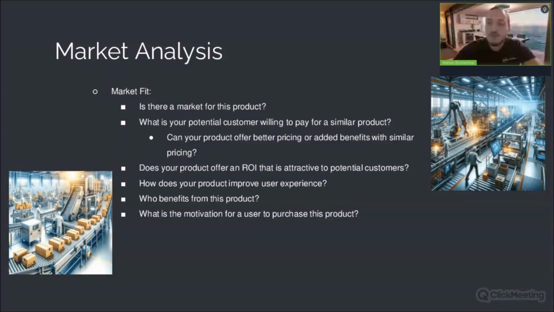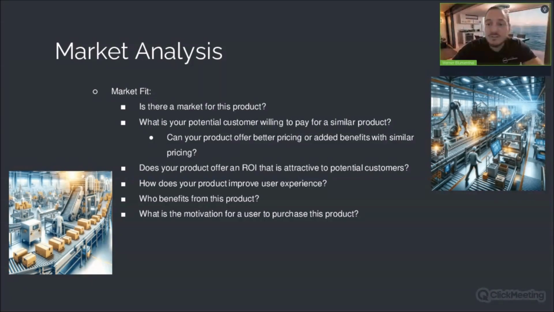You want to see, okay, now all of a sudden I can do this restoration 10% faster, or I can do this procedure without the help of an assistant or whatever it might be, right? So you want to make sure that what you're offering is something that will offer a benefit to the end user, and that's extremely critical because that's going to help sell the product itself.